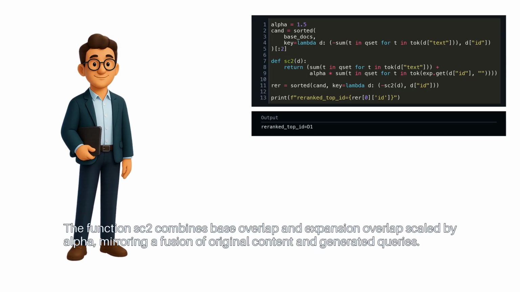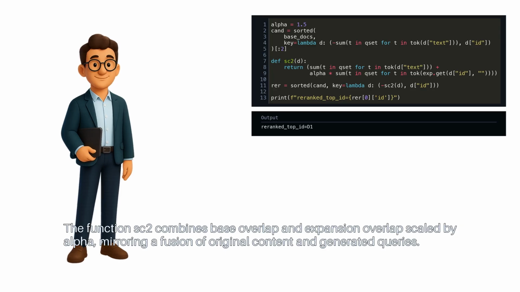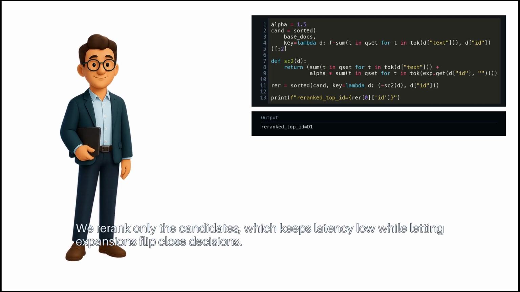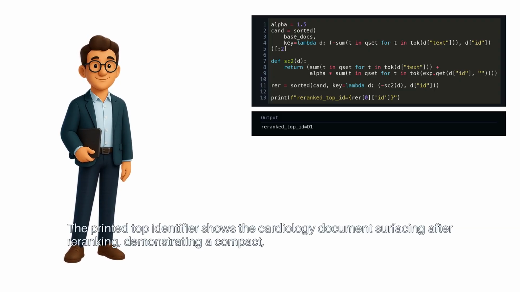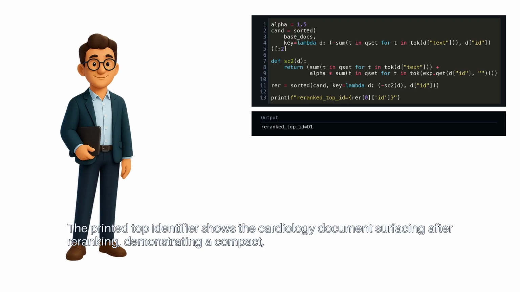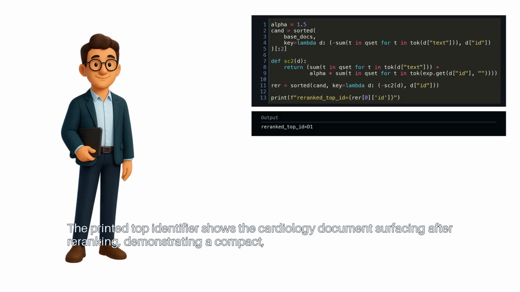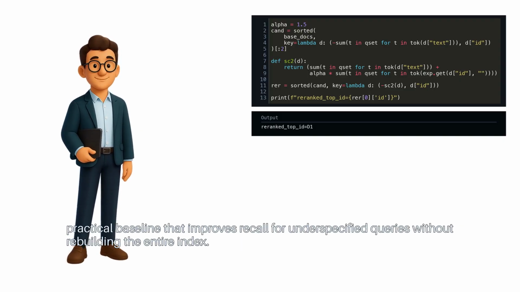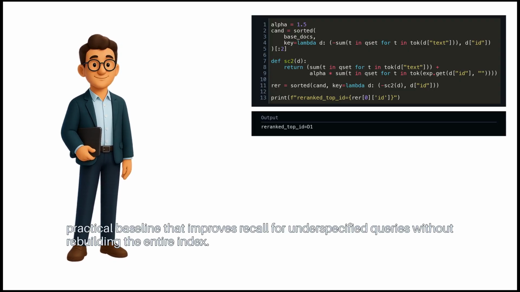The function sc2 combines base overlap and expansion overlap, scaled by alpha, mirroring a fusion of original content and generated queries. We re-rank only the candidates, which keeps latency low while letting expansions flip close decisions. The printed top identifier shows the cardiology document surfacing after re-ranking, demonstrating a compact, practical baseline that improves recall for underspecified queries without rebuilding the entire index.